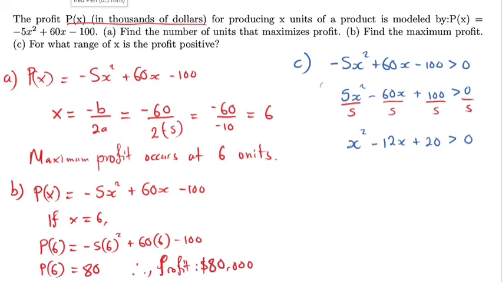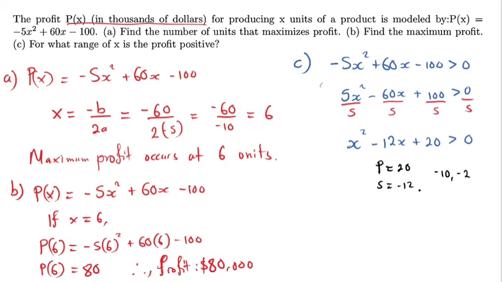Now at this stage, we can factorize. The product is 1 times 20, which is 20, and the sum is negative 12. We need two numbers that multiply to 20 and add to negative 12. Those two numbers are negative 10 and negative 2.